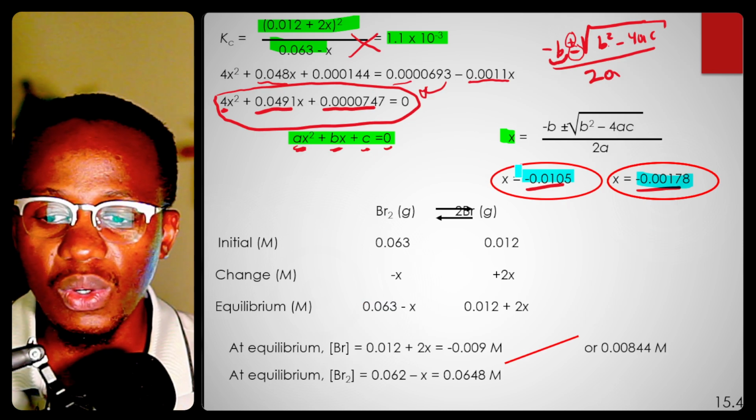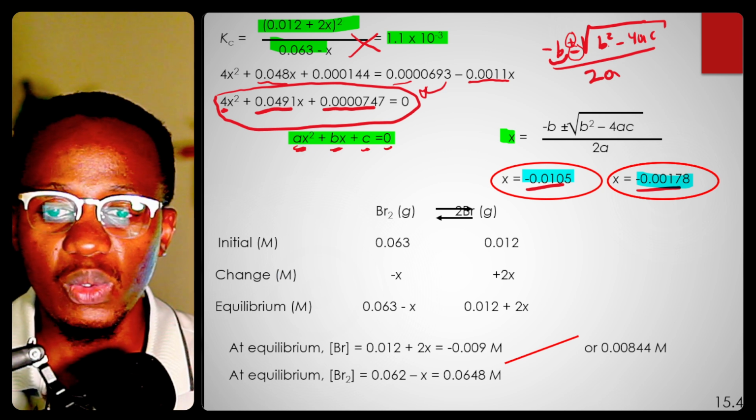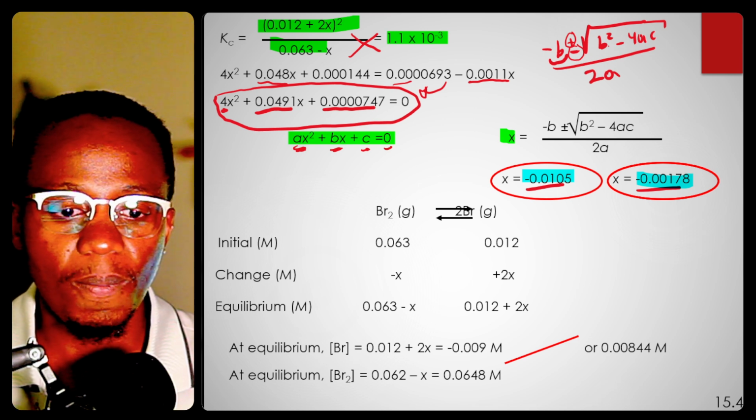So if you don't remember your quadratic formula equation, make sure that you go back. Like I said, this is going to require a little bit of math, and that math is a requirement to get into this class. So if you got into this class, it's already assumed that you know that math.